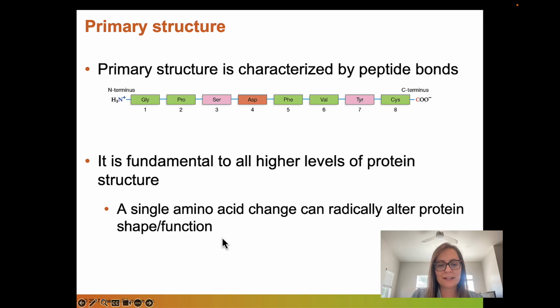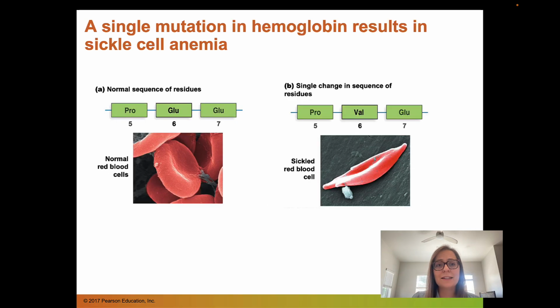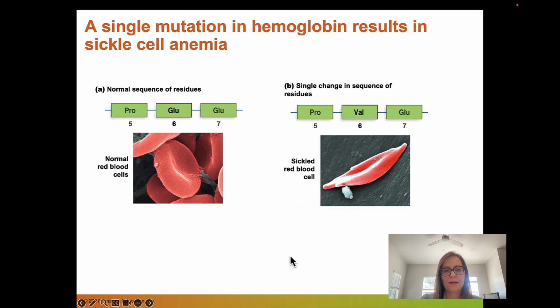And because of this, if we get a single amino acid change, this can radically alter the protein shape and therefore the protein function. And so as an example of that, let's take a look at hemoglobin. So if we were to zoom in on the primary sequence of hemoglobin, we would see that amino acid 5 would be proline, followed by glutamic acid in position 6.